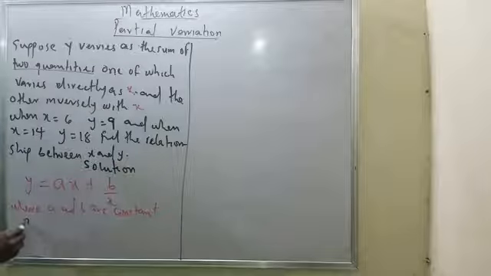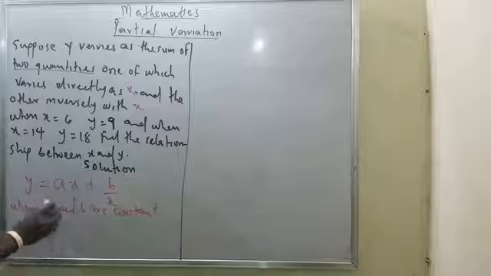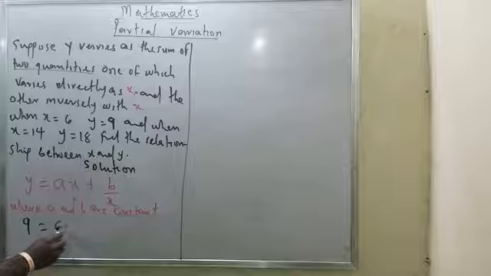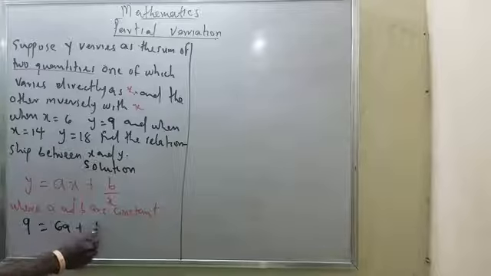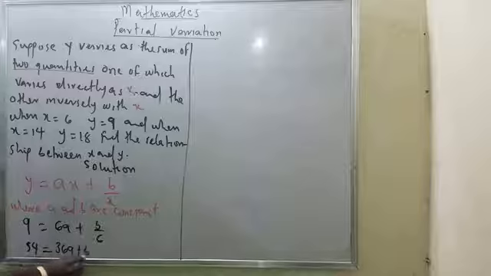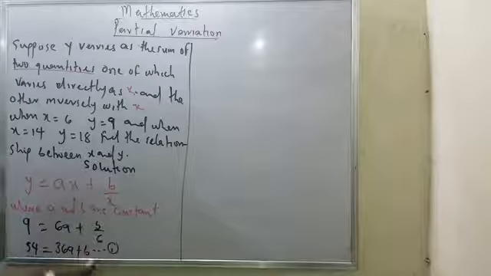It means I'll be having 9 equals 6a plus b all over 6, which I can write in the form 54 equals 36a plus b, equation 1.